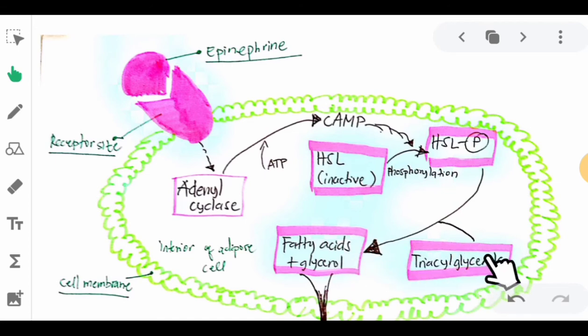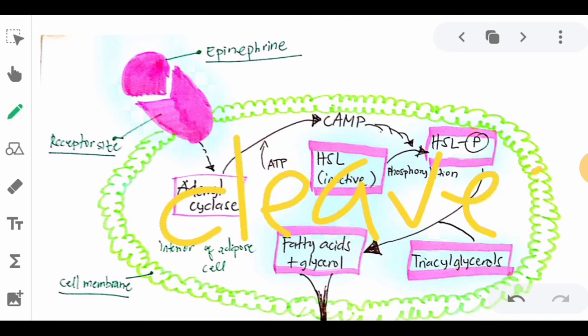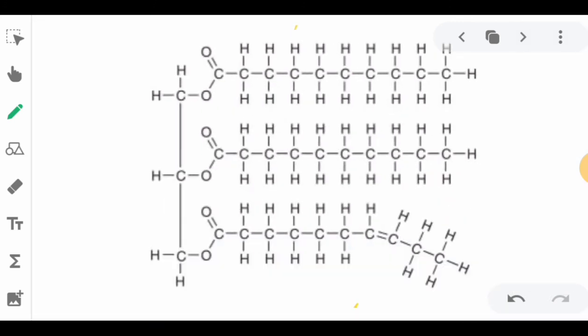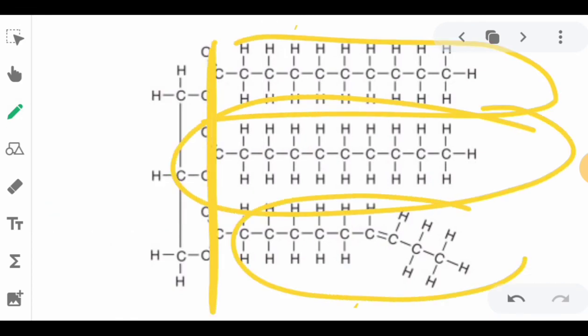When we say cleave, it means division or breakage or splitting. So this is your triacylglycerol, and the hormone-sensitive lipase phosphate will cleave this, which means it will divide this into 3 free fatty acids and a glycerol.